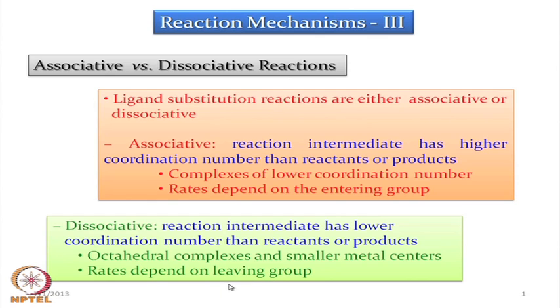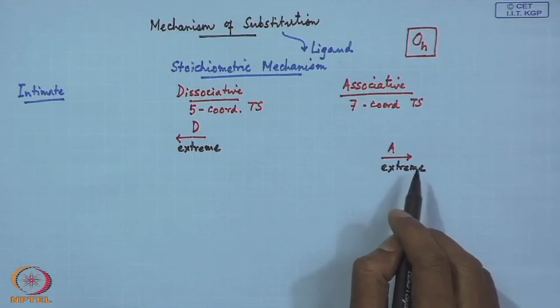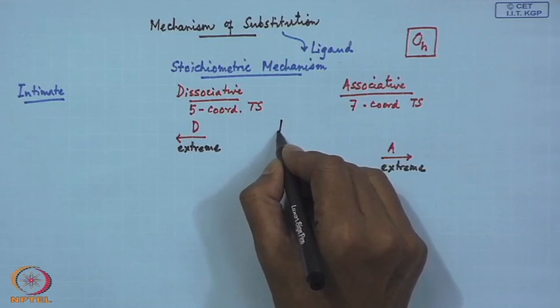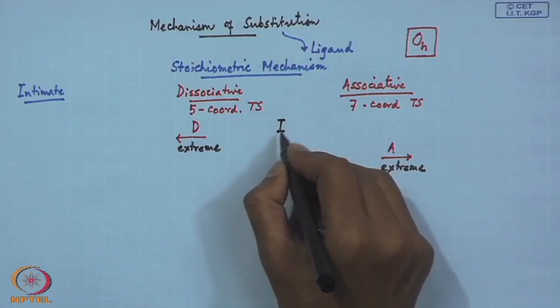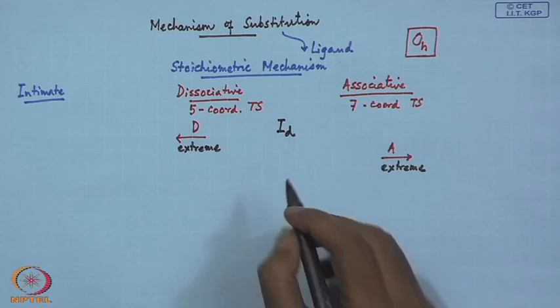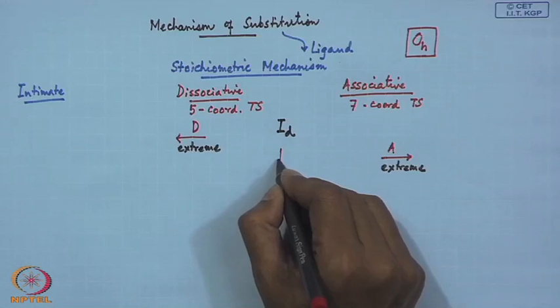That means the group which is leaving to give rise to the 5 coordinated species will control the rate of the reaction. So, we have D at one extreme end and A at the other end, and we have two other intermediate reactions known as interchange dissociative and interchange associative.